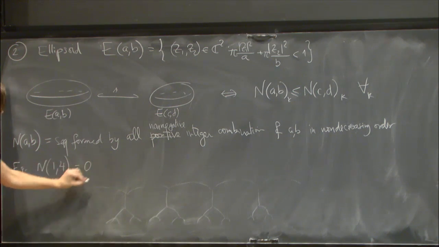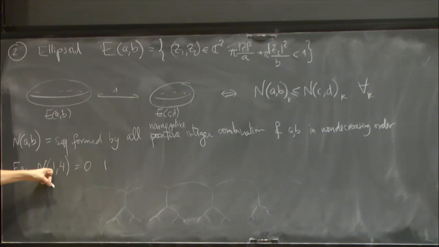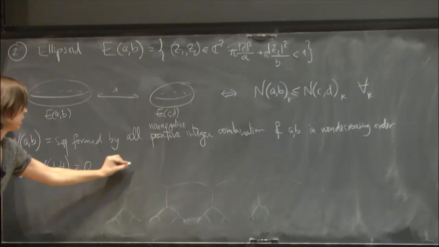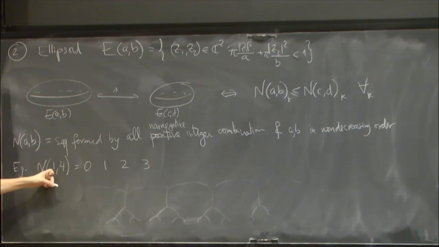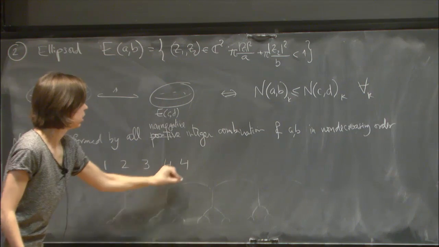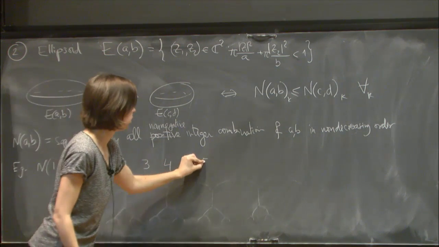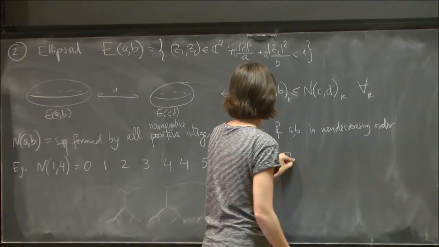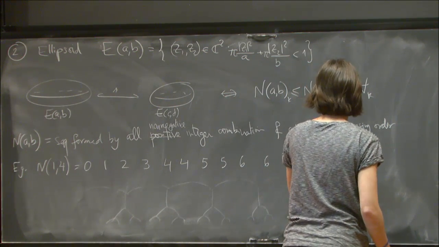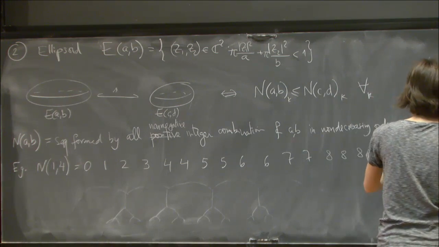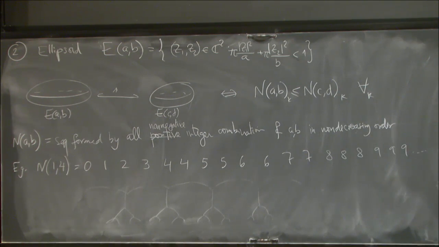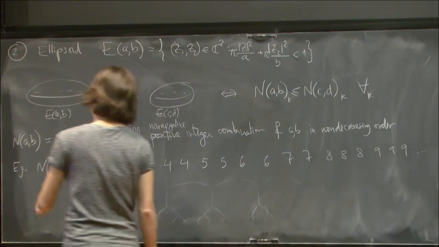So 0, and then I can get 1, and then I can get 2 by doing 2 times 1, then I can get 3. I can get 4 in 2 different ways. And then I can get 5 by taking 5 of these or 1 of each. 5, 5, 6, 6, 7, 7, 8, 8, 8, 9, 9, 9, and so on. So it's very regular.